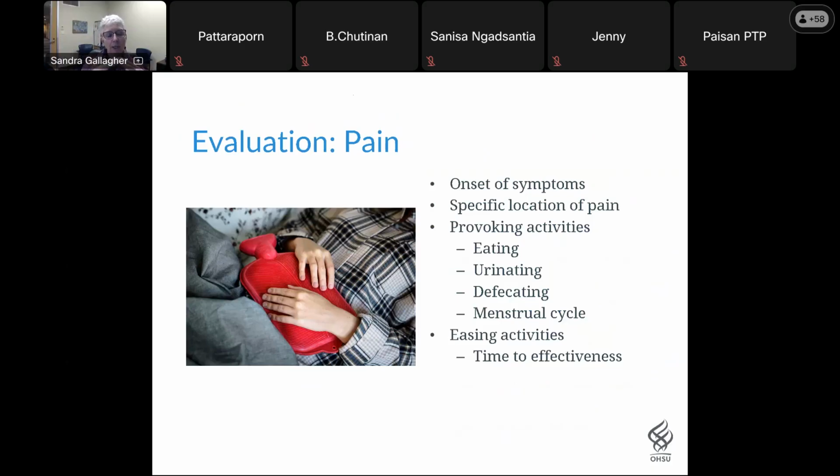Here we're looking for things that are happening in the urinary system or the digestive system or the reproductive system in females. Is their pain related to their menstrual cycle? And then what helps it go less, and how long does it take for the pain to reduce?